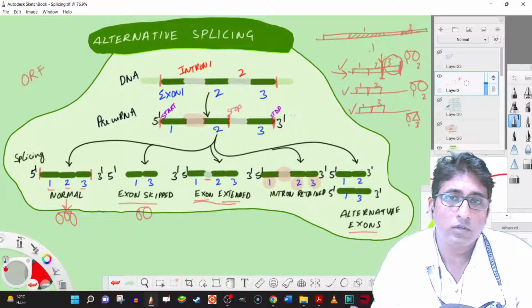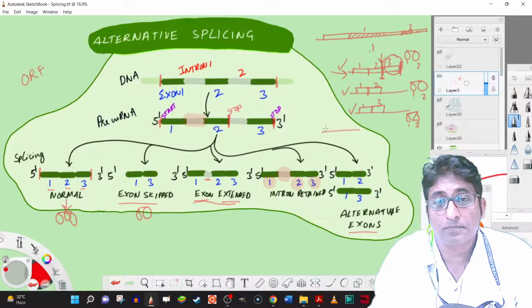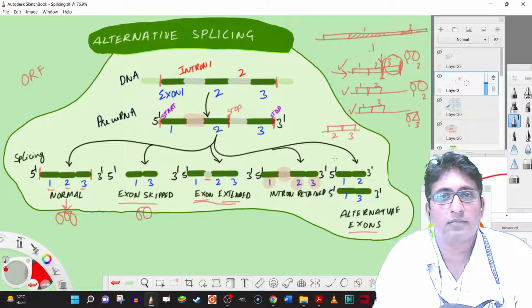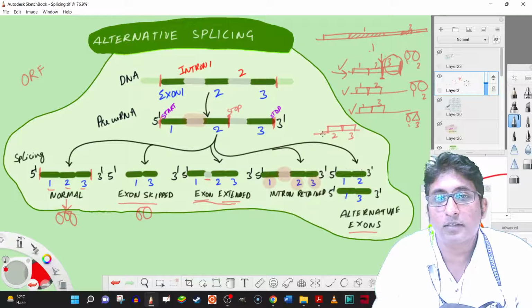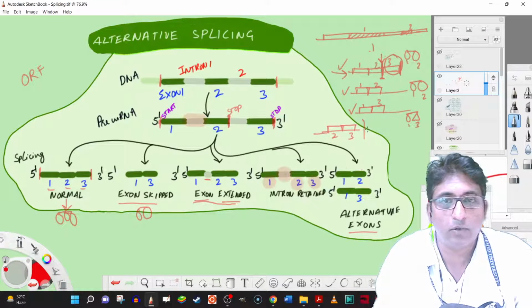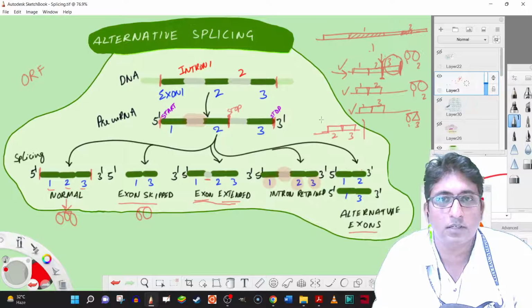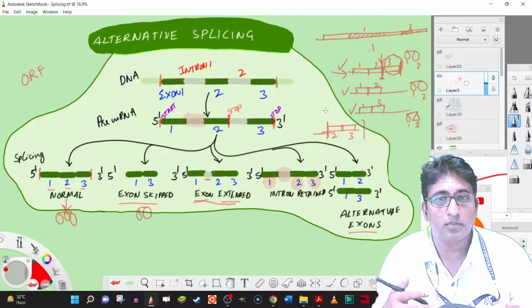Okay. So did we talk about why not have a mature mRNA with just exon 2 and exon 3? The problem is that there is no start codon. Does it have an open reading frame? It does not have an open reading frame as intended here, because there is no start codon to start at the appropriate place.